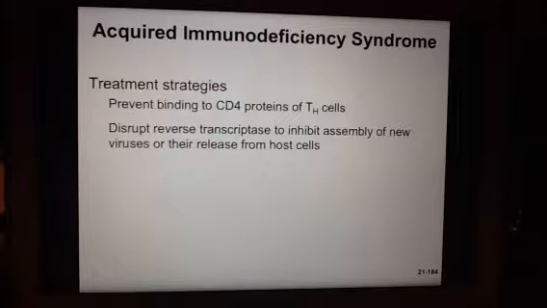So we now have some treatment strategies for AIDS patients or patients with HIV. The treatment prevents binding of the proteins to the helper cells, so it kind of stops that process, and then it also disrupts the new viruses from making the DNA, inserting it into the host cell.